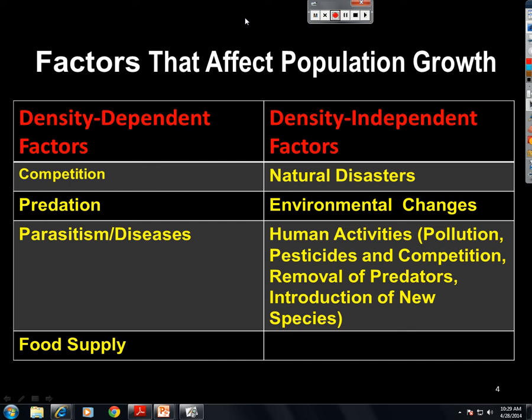Removal of predators. We think sometimes we're doing a good thing, but we've learned that sometimes we just need to take a step back and let nature take its own course. You guys every once in a while ask me when I put on a video and you see an animal come into danger, why the cameraman didn't get involved simply by picking up the bird and putting it back into its nest.